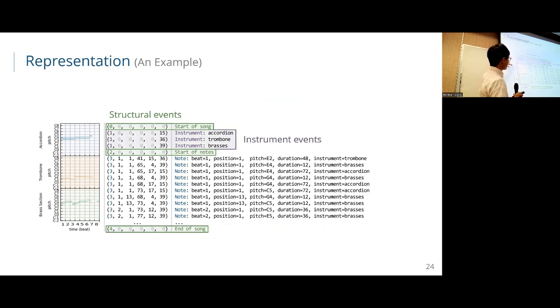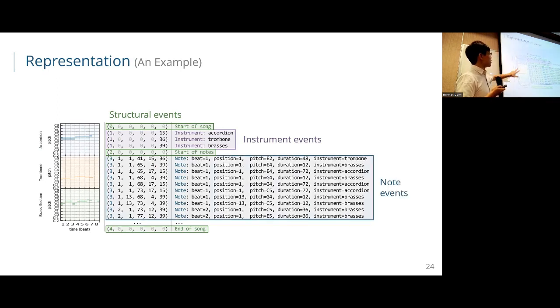For this song, we have 3 instruments, so we specify that at the beginning. And in the latter part, we specify all the notes that we want to generate. This is how we represent music in this project. Once we have this representation, it turns into a series of numbers, and this is what we use the transformer to generate.